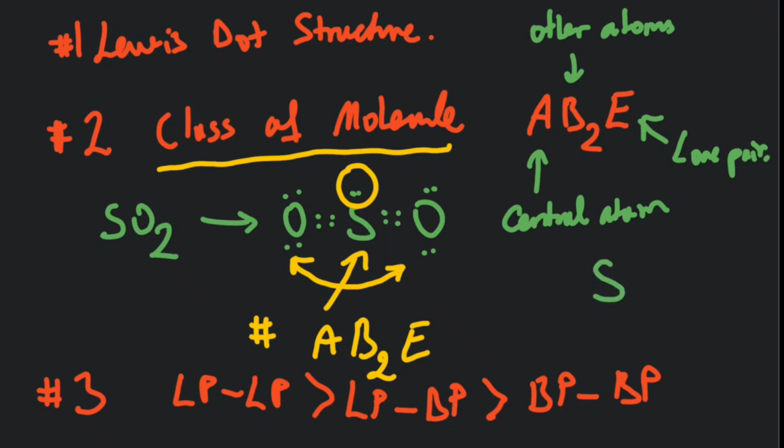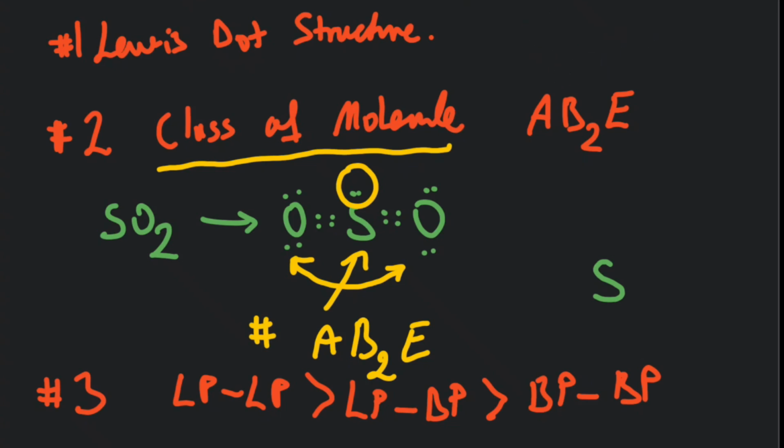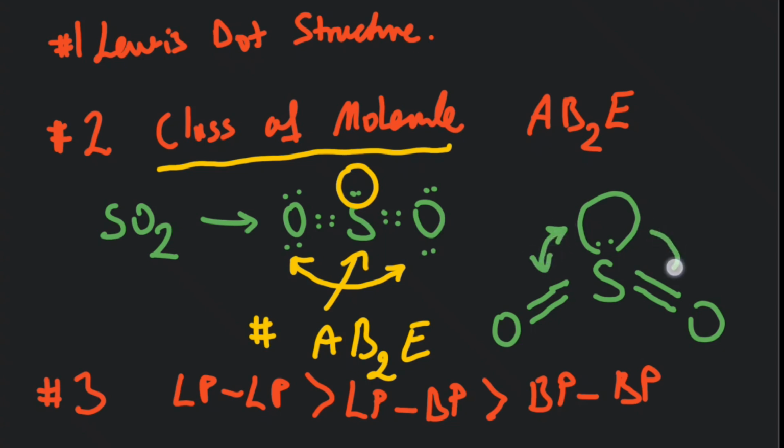To minimize the repulsion, I have to put the oxygen atoms in a bent structure. In this way, this lone pair will interact with the bonding pairs, but the repulsion between the oxygen atoms will decrease.